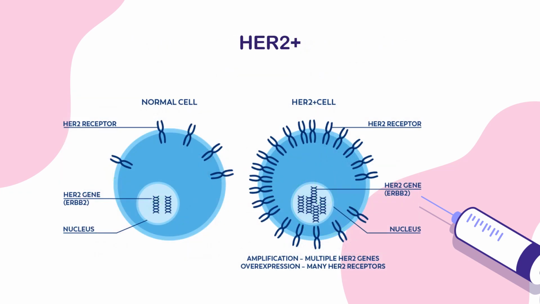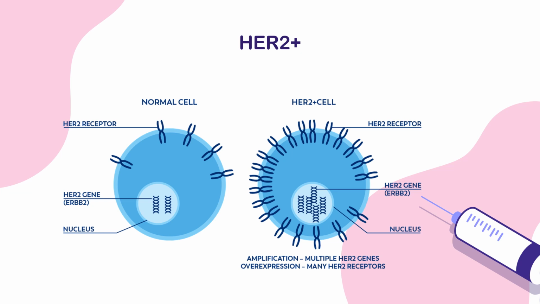But there is another factor that plays a significant role in breast cancer. HER2 status testing is done on a biopsy sample taken from the tumor as well. HER2 is the more common name for the gene called ERBB2. HER2 stands for Human Epidermal Growth Factor Receptor. Normal cells have two copies of the HER2 gene. These genes control a protein production on the surface of the cells, which helps them grow.